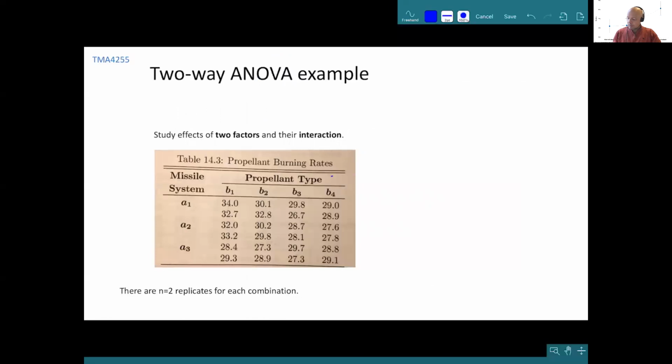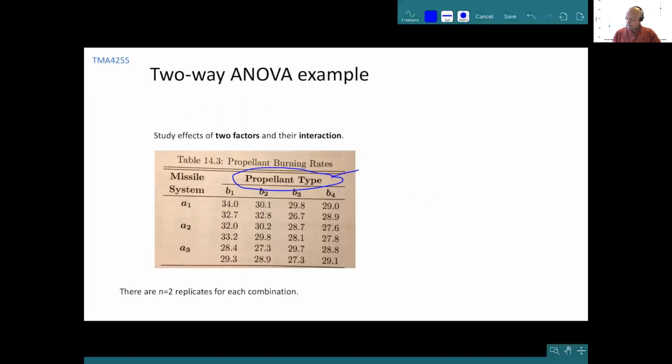So here the propellant type is factor B or factor 2, and this one is factor A. And to study all these interactions, we need replicates. So when I say replicate, we need 2 samples here for each kind.